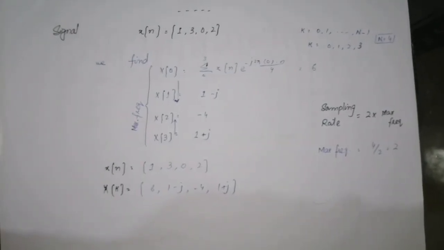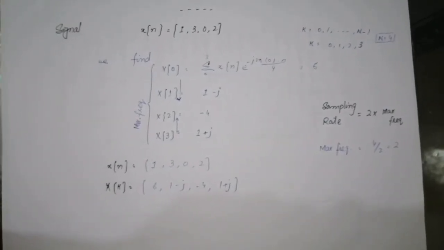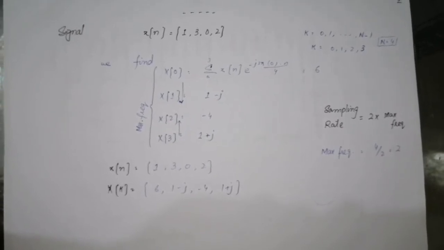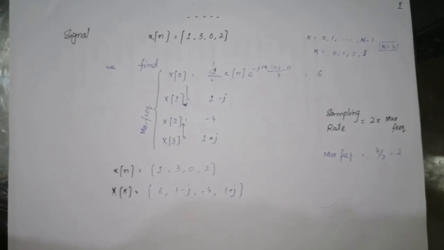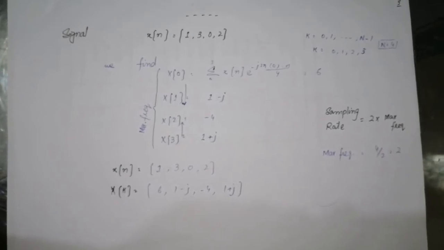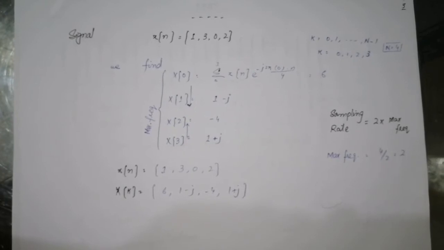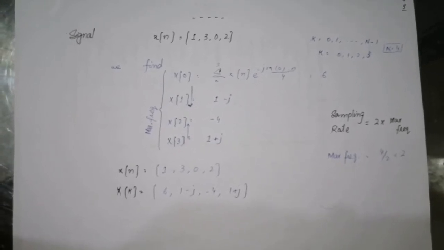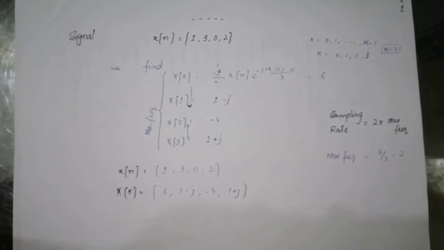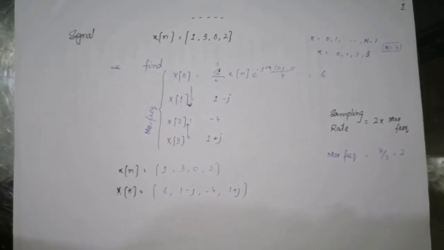Let's do an example. We have x of n is equal to 1, 3, 0 and 2. We have to find x of 0, x of 1, x of 2 and x of 3. By putting the values in the formula, we can obtain the following values.